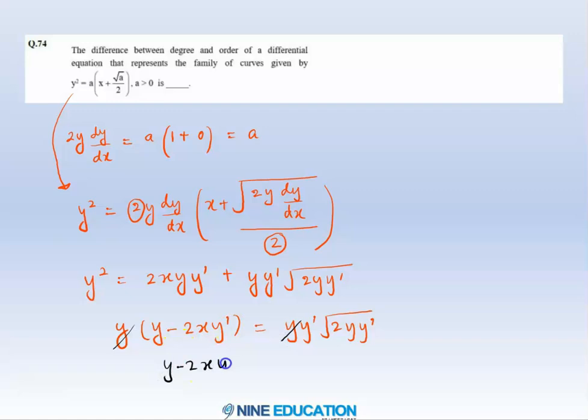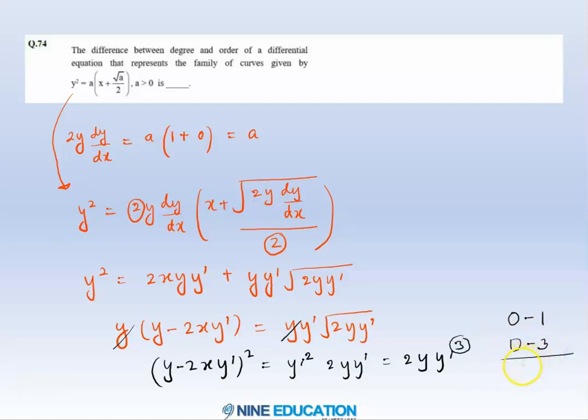So (y minus 2x y dash) whole square is equal to y dash square into 2y dash after squaring, which is basically 2y dash cube. The highest order derivative is the first, which means order is 1, and the highest power on the first order derivative is 3, so degree is 3. So the difference between degree and order is 2. So the right answer is 2 for this question.